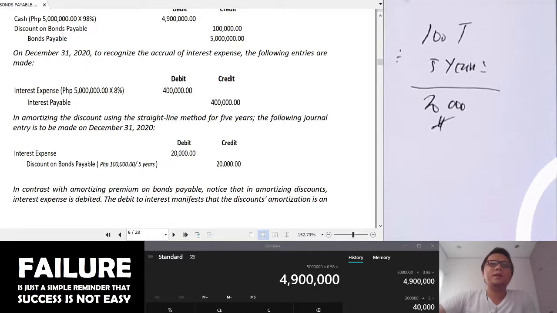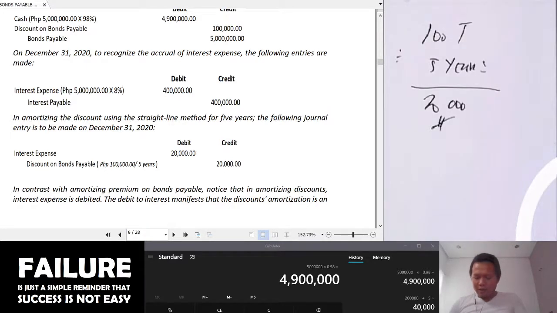So again, discount on bonds payable increases your interest expense. Because instead of the 5 million face amount being what you pay, you accepted money which is lower than that 5 million. That is why it is issued at a discount. So the discount, which is basically the difference between the issue price and the face amount, is your additional interest expense.